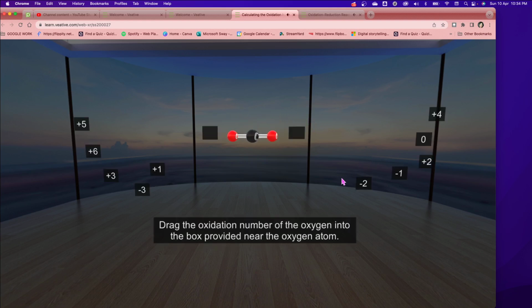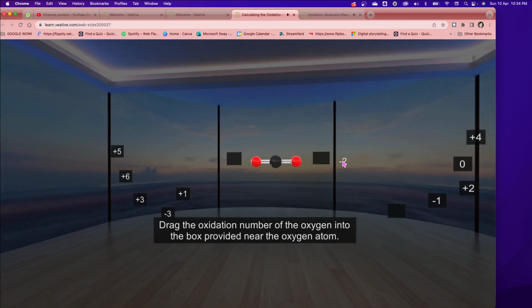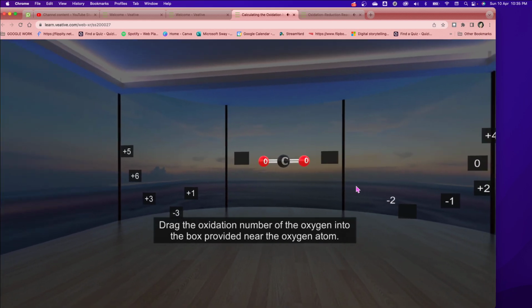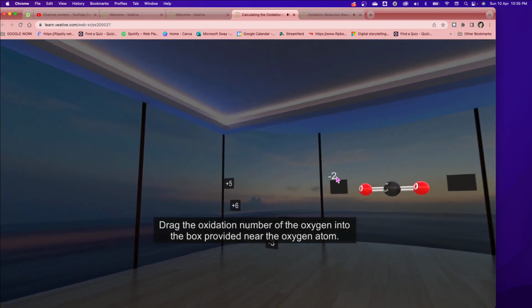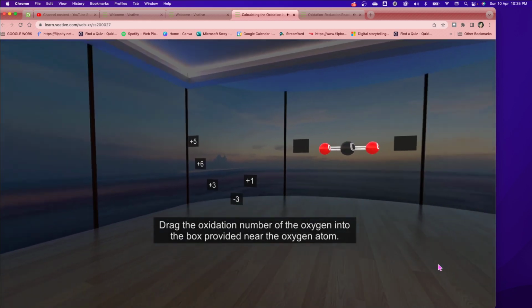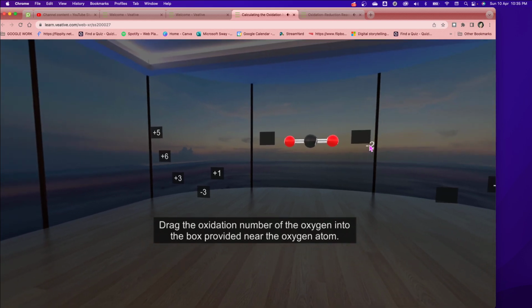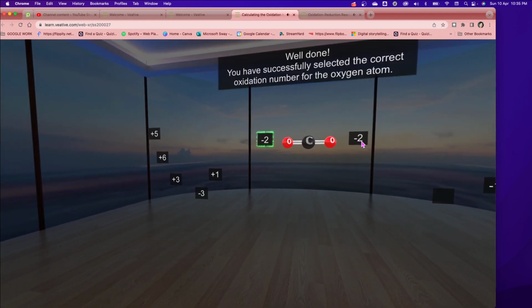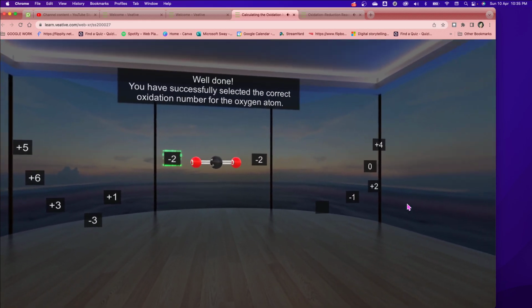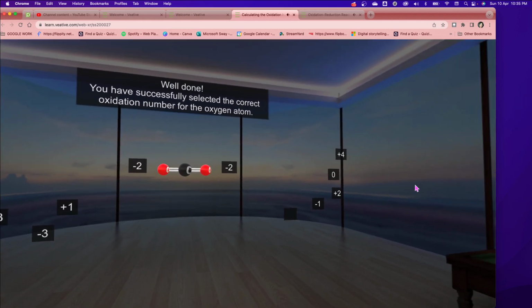Drag the oxidation number of the oxygen into the box provided near the oxygen atom. Well done! You have successfully selected the correct oxidation number for the oxygen atom.